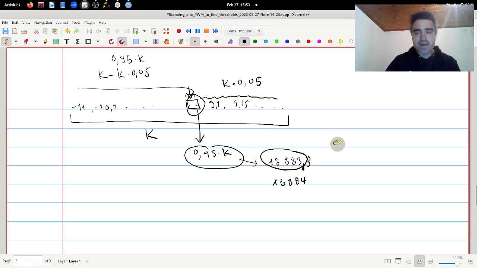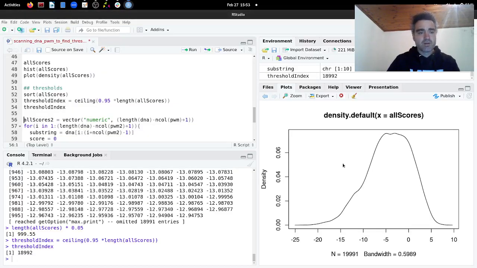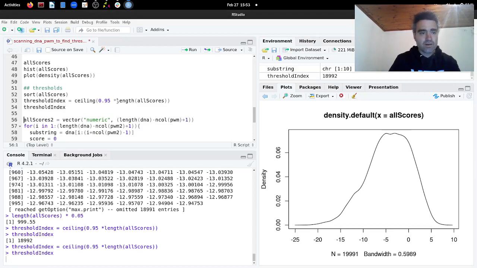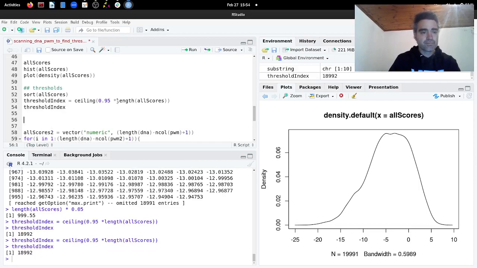And if I apply the ceiling function to a floating point number, let's say to 10.1, then the next integer will be 11. Okay, so ceiling of this number, I get the threshold index, and now I take the sorted scores at the threshold index.